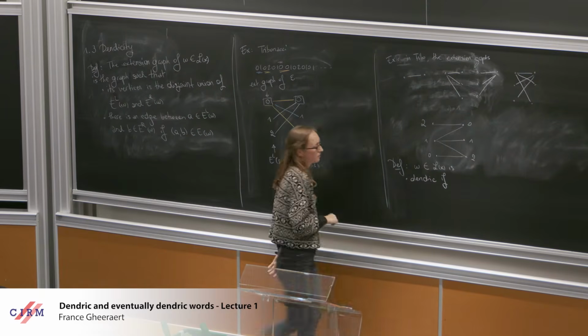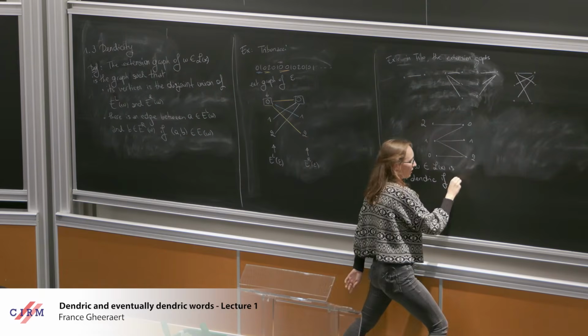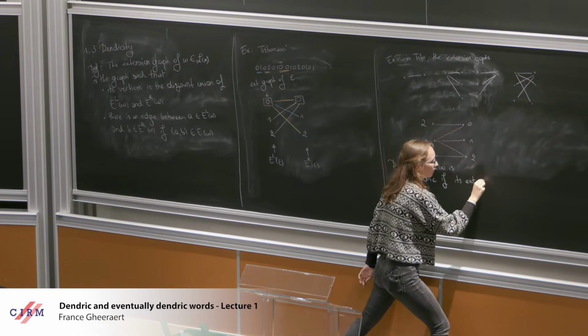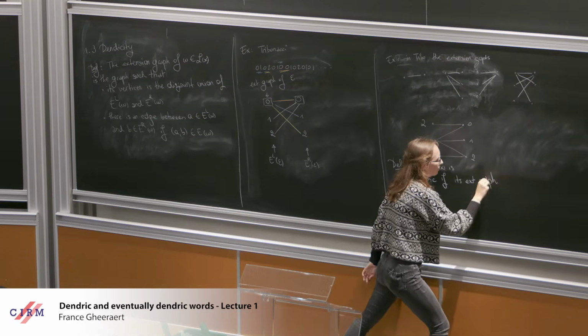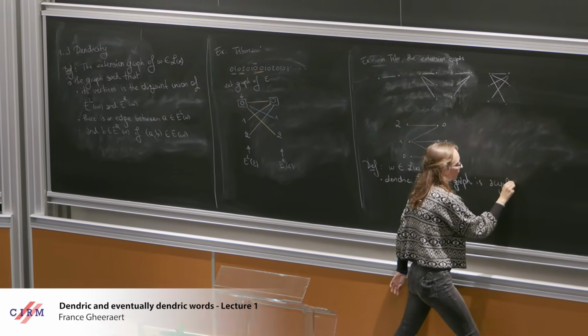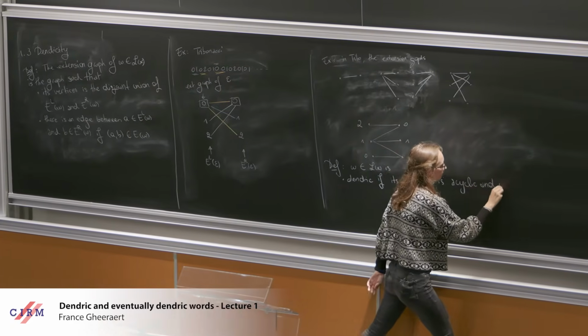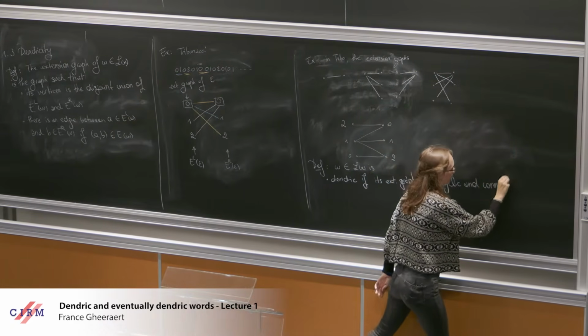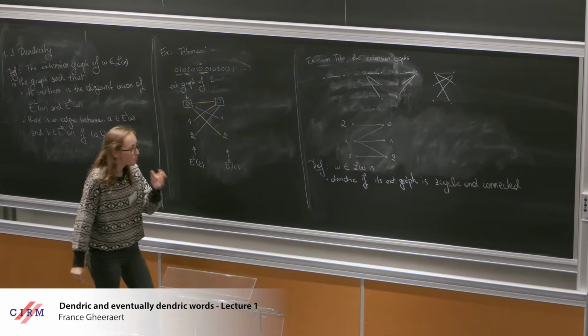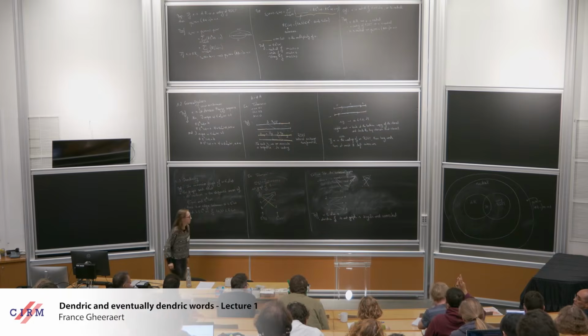So we'll say that W is dendritic if its extension graph is acyclic and connected. Okay, so it is a tree. And yeah, I don't need much more than that. Okay.